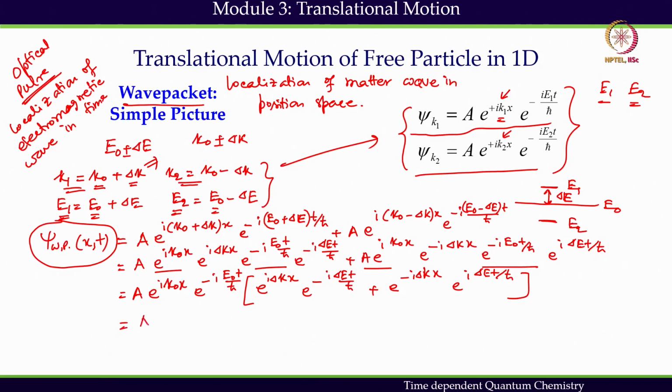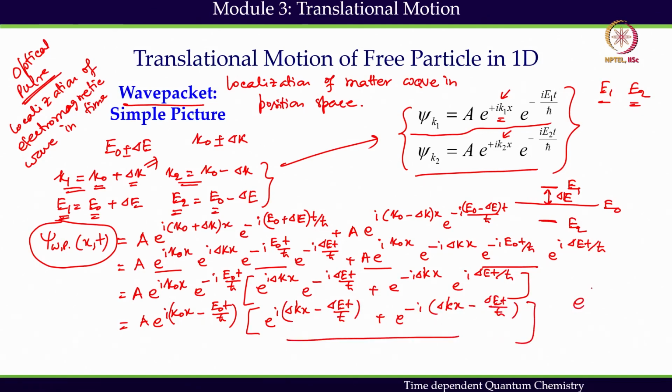which is nothing but e to the power i (k naught x minus E naught t by h cut) multiplied by e to the power i (delta k x minus delta E t by h cut) plus e to the power minus i (delta k x minus delta E t by h cut).